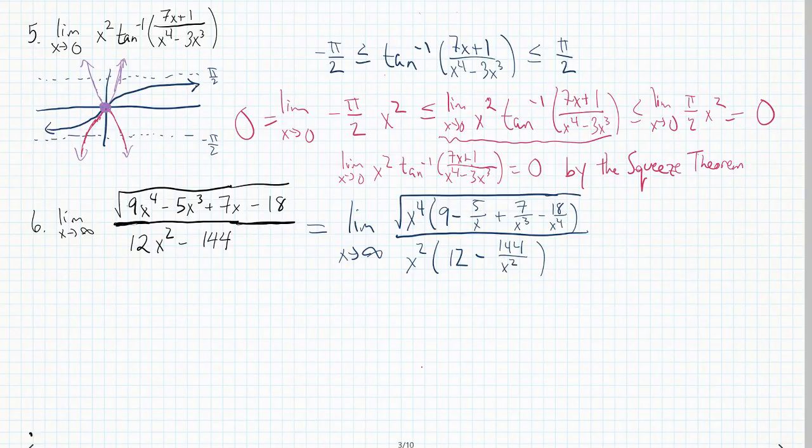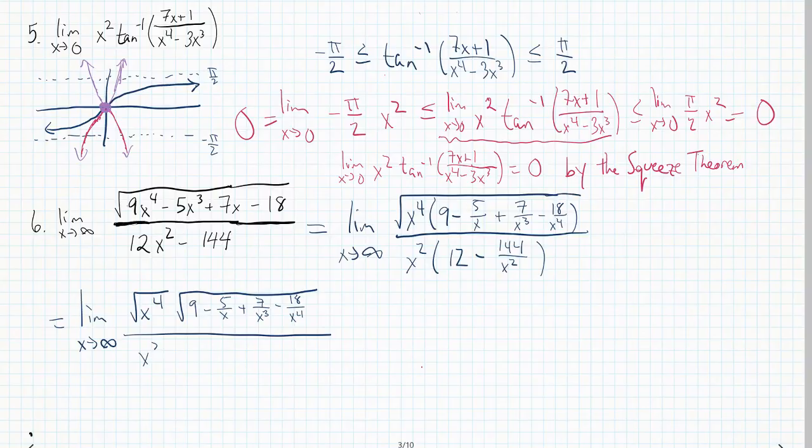Okay? So notice that this equals the limit as x approaches infinity of, well, you could rewrite the numerator as the square root of x to the 4th times the square root of all that junk, 9 minus 5 over x plus 7 over x cubed minus 18 over x to the 4th, and all that's divided by x squared times 12 minus 144 over x squared.